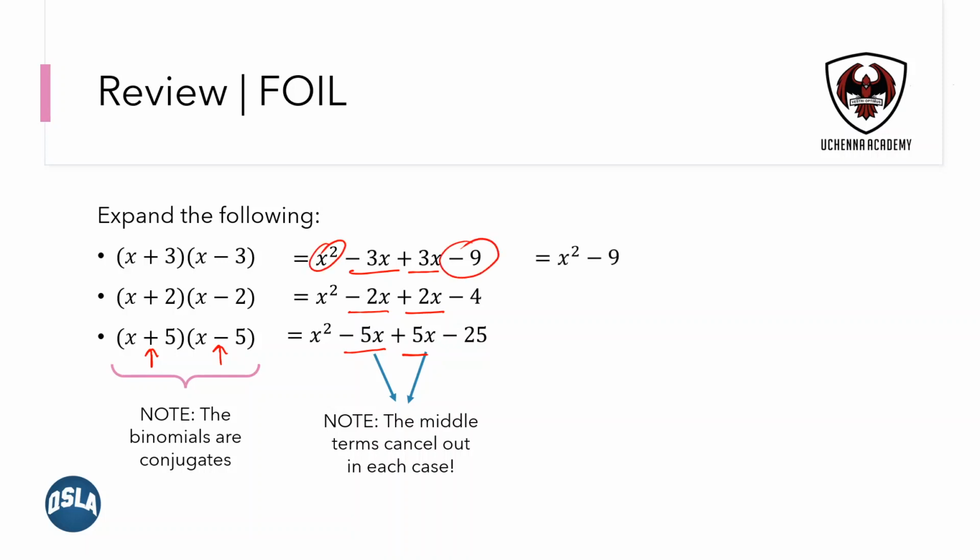And that ends up being x squared minus 9, x squared minus 4, and x squared minus 25. So when I expand, I could have actually used a shortcut and literally just gone to the final answer, meaning I would have had to square the first term and the second term and remember to put a minus between them. And that would have been my expansion.